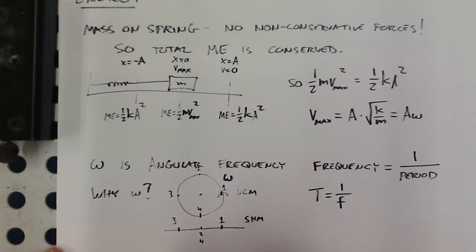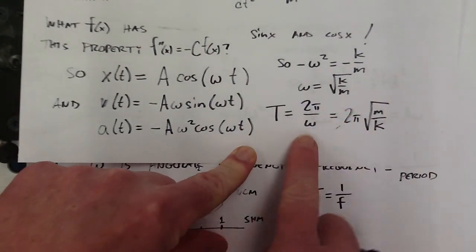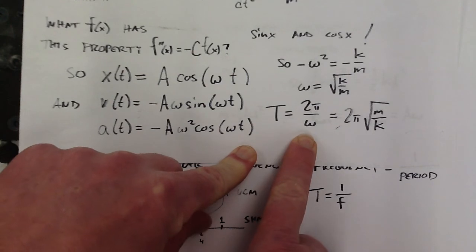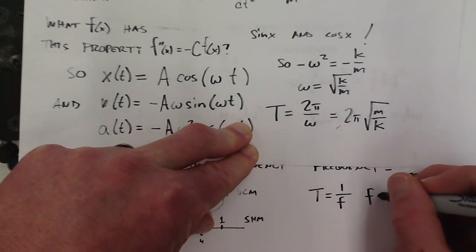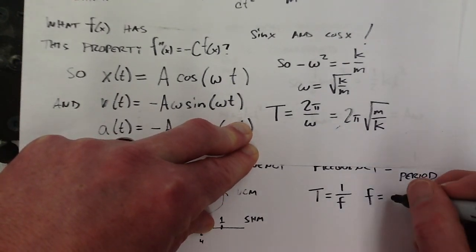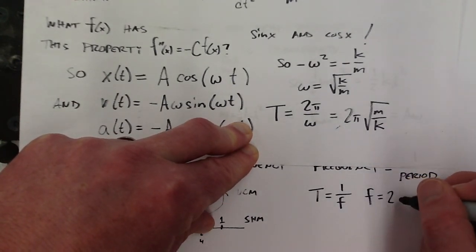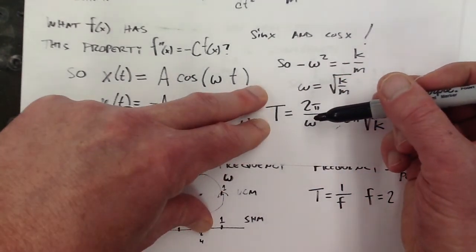They're going to say period is equal to 1 over frequency, and since period is equal to 2 pi over omega, that means frequency is equal to 2 pi. Let me make sure I'm doing this right. 1 over frequency.